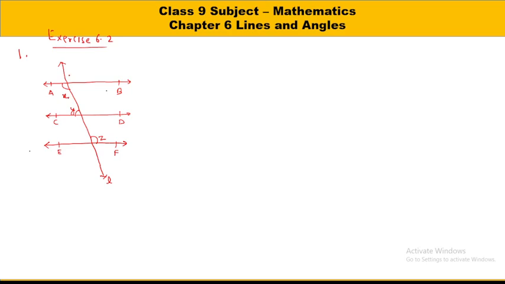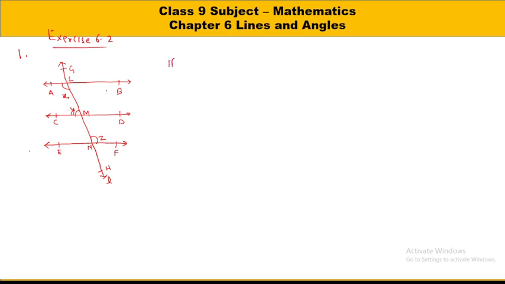Let us name this line as GH. Let us name these points L, M, and N, where the transversal line GH intersects the three other lines which are parallel to each other. Here in the question, what is given?